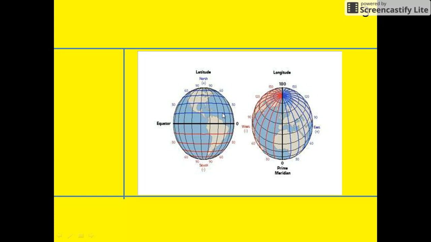Notice that there are lines that go side to side and lines that go from top to bottom of the Earth. Okay, this line in the middle is called the equator, and these lines that go like this, side to side, are lines of latitude. You don't have to remember that, but be aware of that. And then longitude, those are lines that go from top to bottom, lines of longitude.